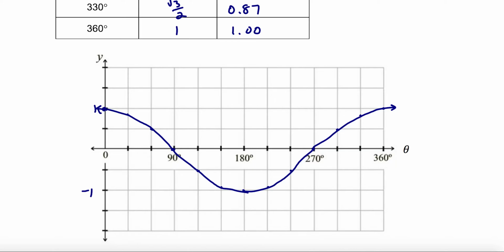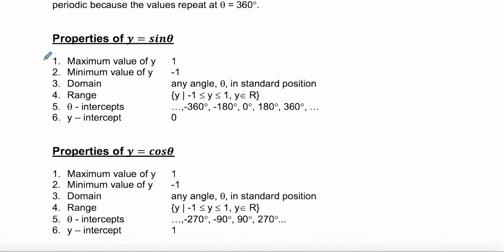So our cosine function would look like that, and that would be one cycle going from 1 vertically all the way down to negative 1 and then back up to 1. The maximum value of the sine and cosine function is both 1. The minimum value does go down to negative 1.